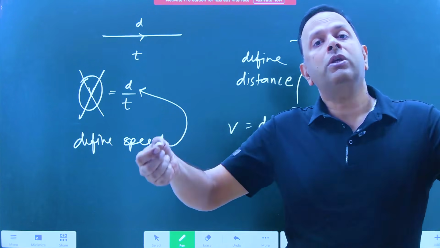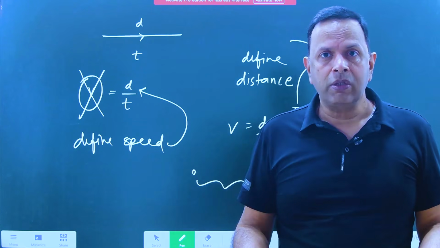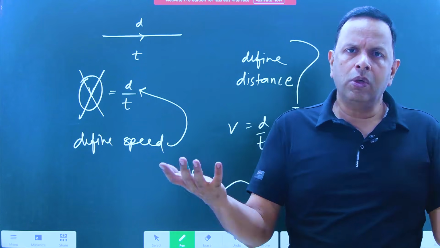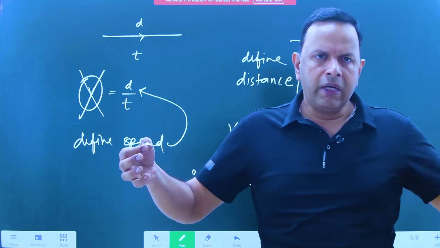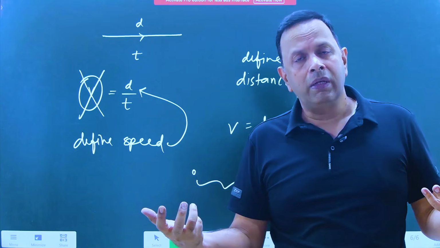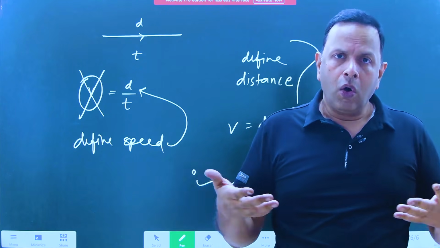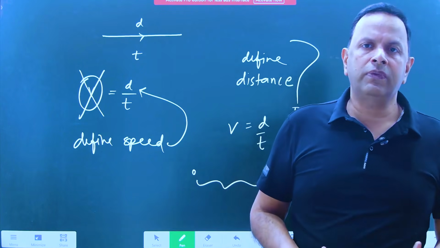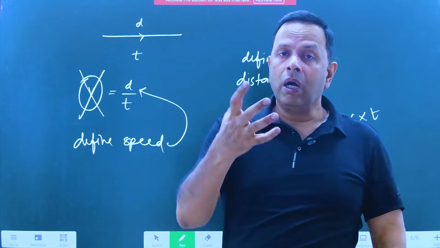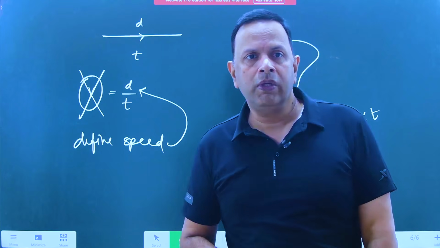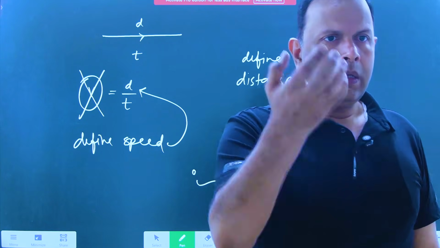You say separation between 2 points. What is separation? Aren't these all almost synonymous? The separation, the straight line distance, the path traveled, aren't they all just the synonyms of the distance? You can't define distance. You can't define the separation between 2 points.